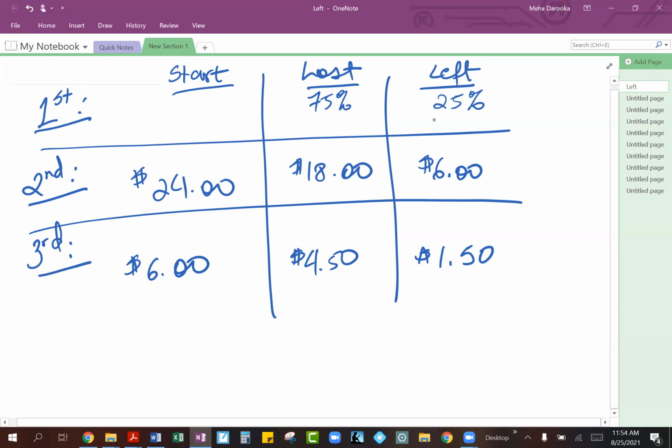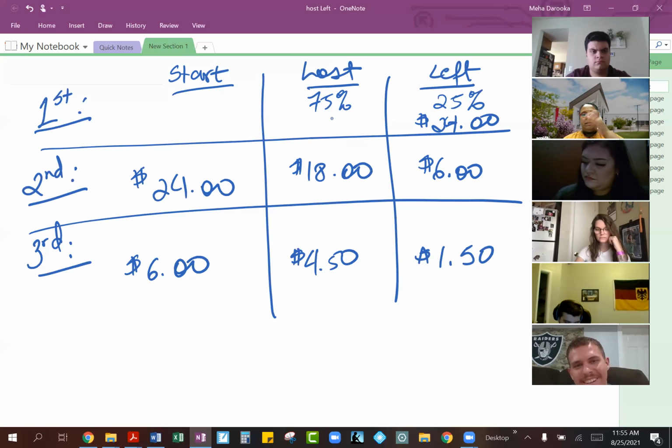And just like that, from his first play, he had $24 left behind. So what do you think that 3/4 lost amount is? 72. Yeah, very nice. Same thing, multiply by 3.